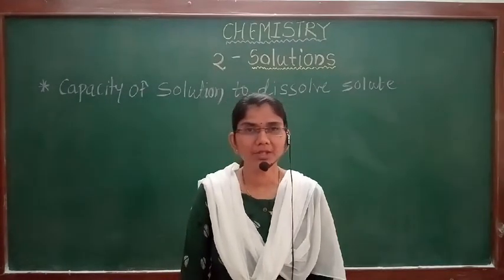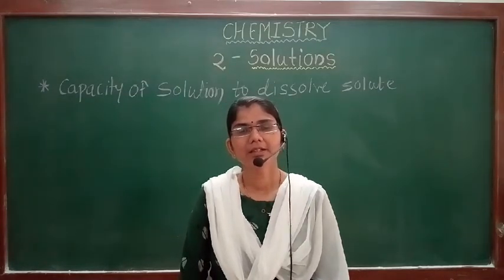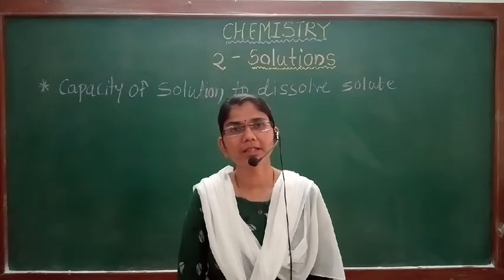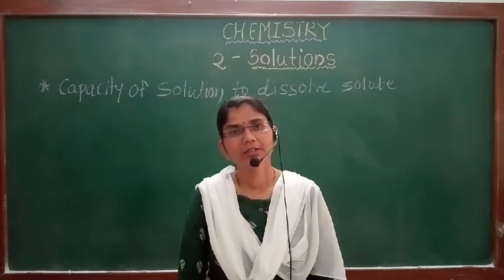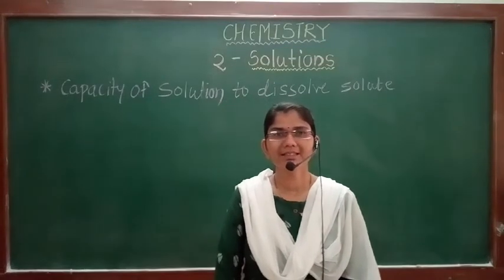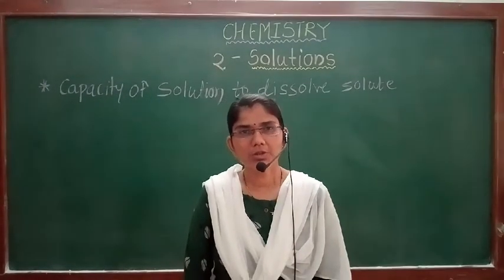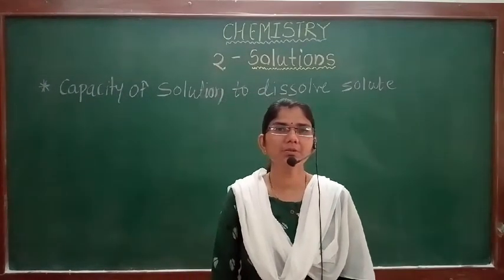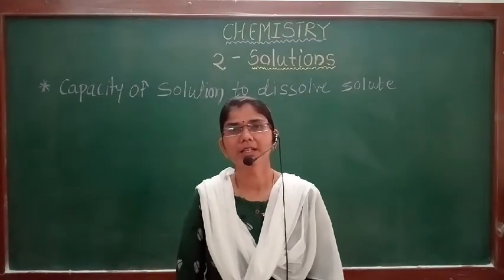If three components are involved, then that solution is called a ternary or tertiary solution. And if four components are involved to form a solution, then that type of solution is called a quaternary solution. So this is the classification of the solution on the basis of the number of components involved in the solution.